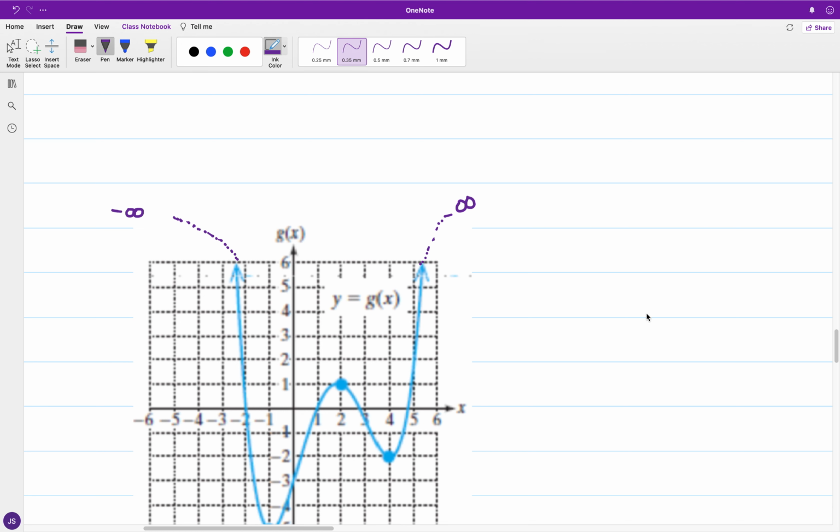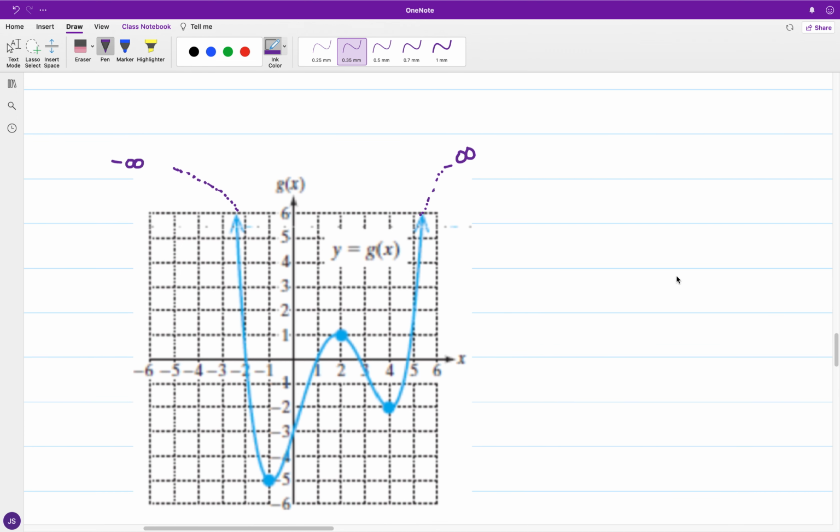And if I were to read in order from left to right, you have going from negative infinity and going down to the left, and this graph is running continuously. There's no hole, there's no location of any discontinuity.